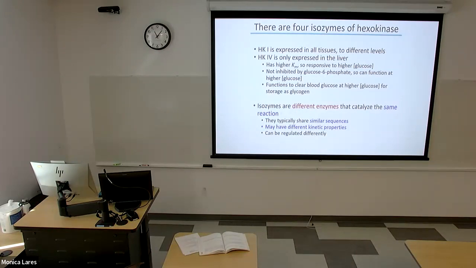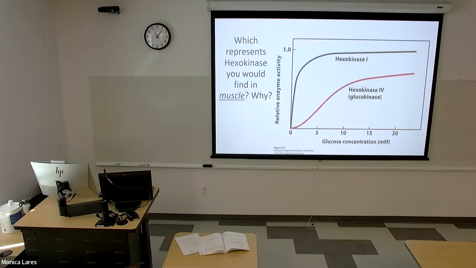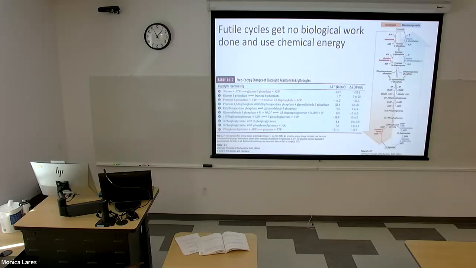Where we saw glucose 6-phosphate does inhibit other types of hexokinase. Because if that glucose 6-phosphate is not continuing through glycolysis, if it's not getting pulled through and being used up, that means like our muscles are not contracting. There's no need for energy, and your body's very efficient, so it's going to say, stop taking the glucose.